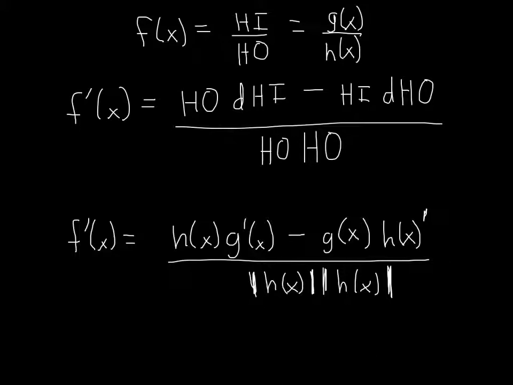And sure enough, if we write our general case, f of x is equal to g of x over h of x, I take the derivative, and I have my denominator, h of x, or ho, times the derivative of the numerator, g prime of x, or d hi, minus hi, the numerator g of x, times the derivative of the denominator, d ho, h prime of x, all divided by ho ho, the denominator h of x squared.